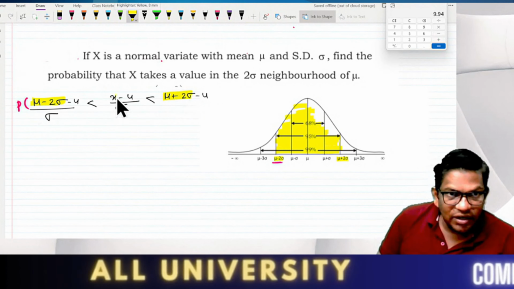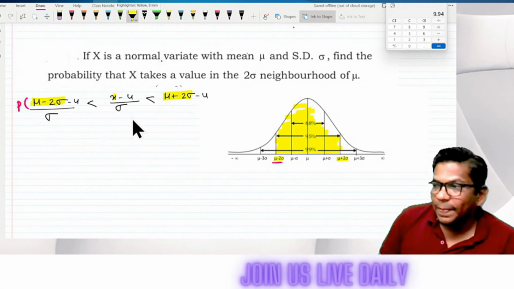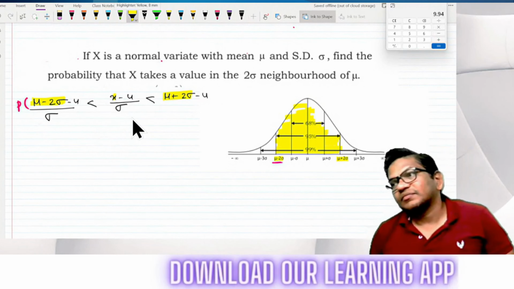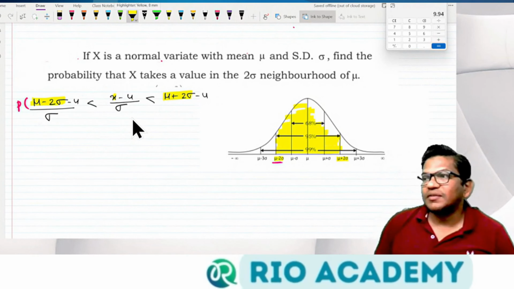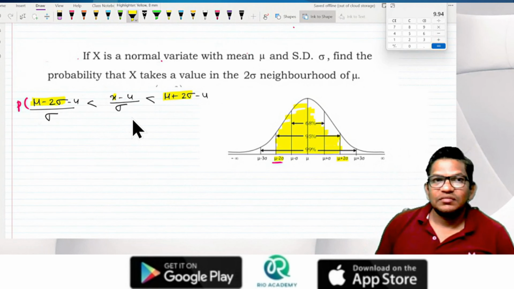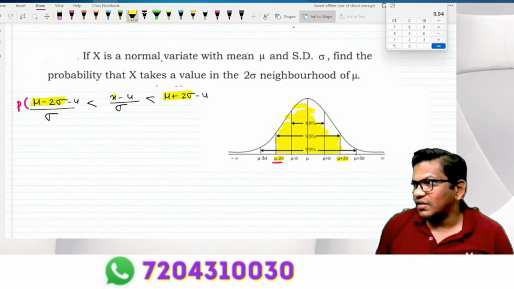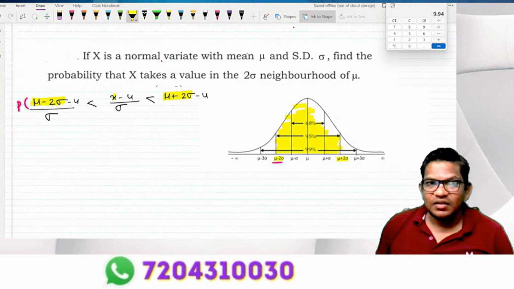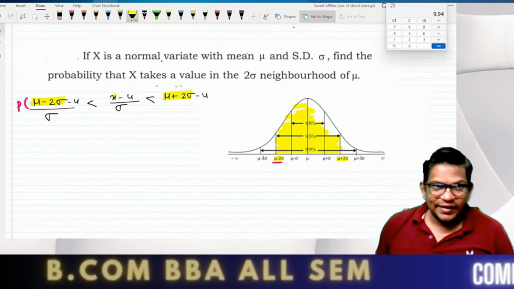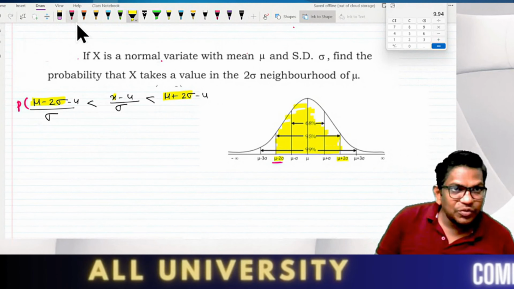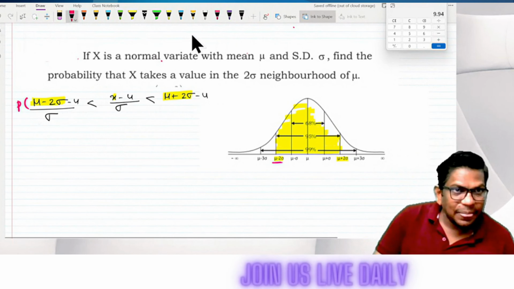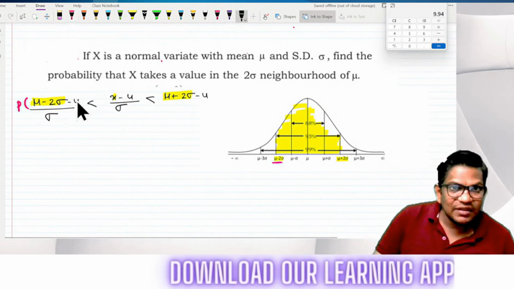Got it? Understood. Now very simple. Just cancel the standard deviation with standard deviation. Remaining same thing.